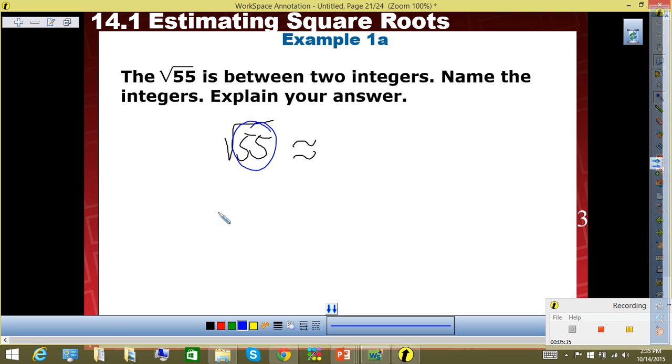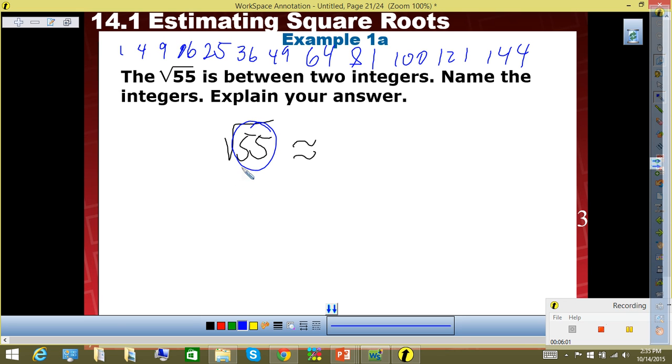Perfect square numbers: 1 times 1 is 1, 2 times 2 is 4, 3 times 3, 9, 16, 25, 36, 49, 64, 81, 100, 121, 144.